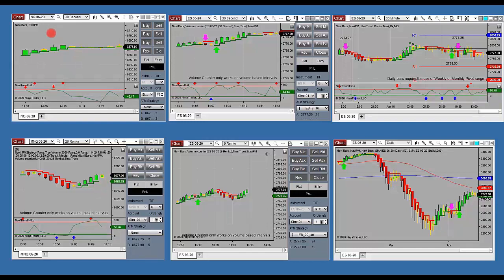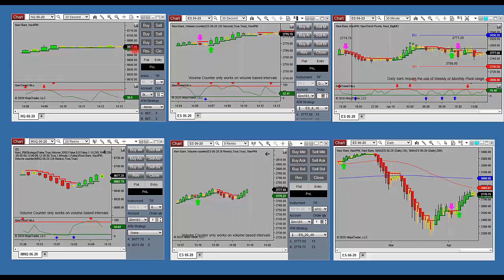Okay, on the top of your screen, you can see the 30-second charts. On 30-second charts, each price bar represents the price movement during a 30-second interval. All right, so right here you can see I'm getting a lot of consolidation at this price level. I've got quite a few 30-second bars in a row.